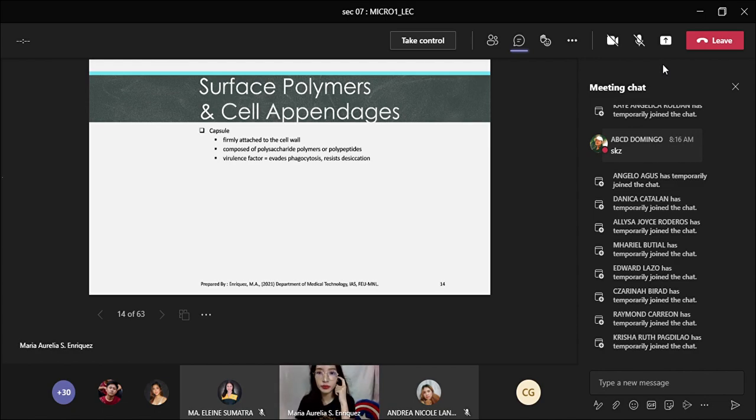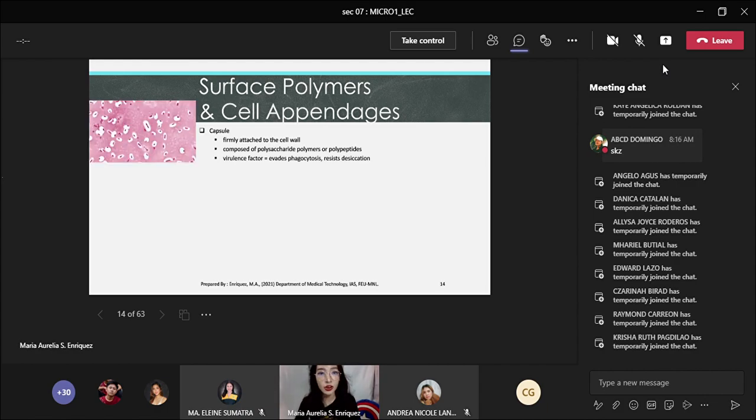Okay? Ayan. Maliban sa it helps the bacteria avoid phagocytosis, tinutulungan niya din po ito to resist desiccation or drying out. So as we go through the semester, matututunan din po natin kung alin-alin yung mga bacteria na encapsulated.